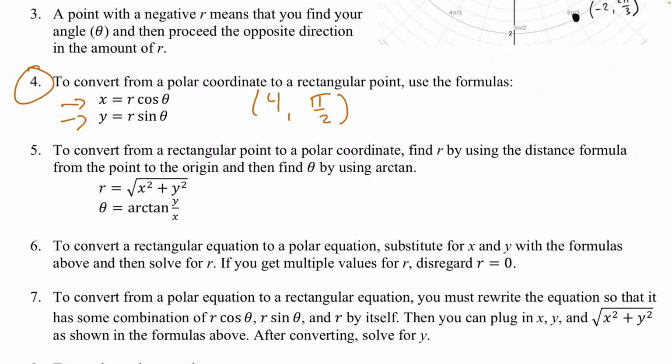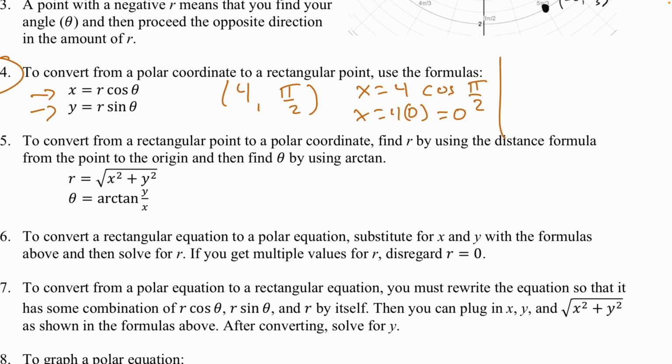And these formulas you're going to use maybe a couple of times throughout your AP Calculus work, so you'll want to memorize them. That x is represented by r times cosine of theta, and y is r times sine of theta. So to find the x, we're going to go 4 times cosine of pi halves, and of course that would be 4 times 0, gives us an x of 0.